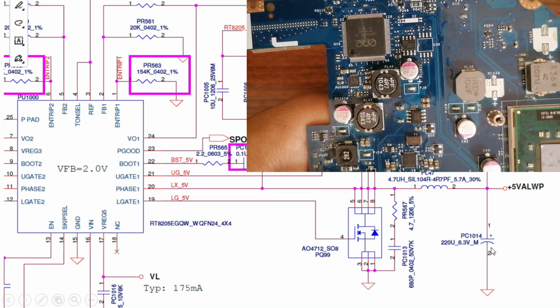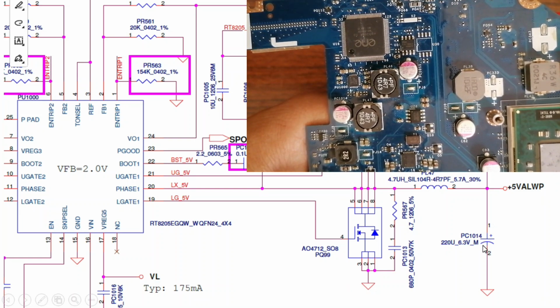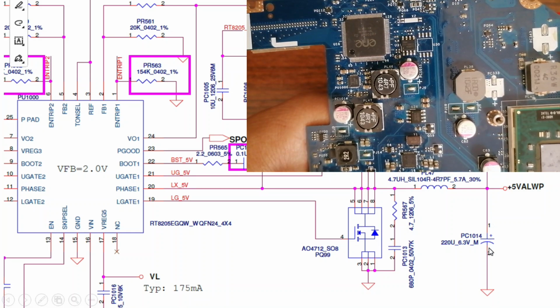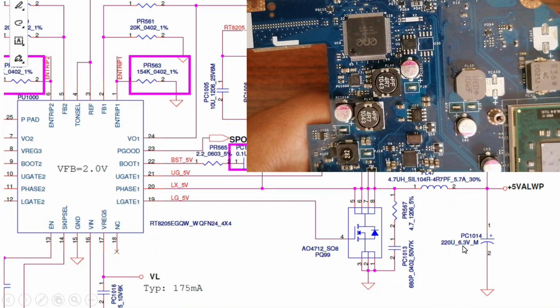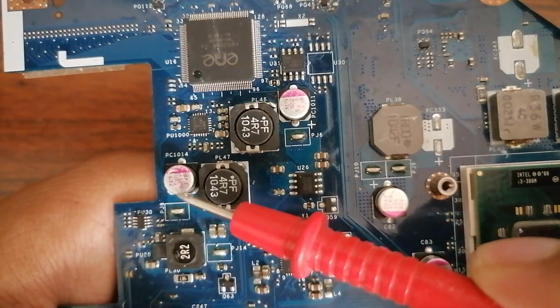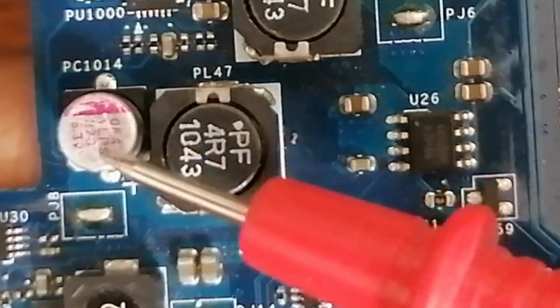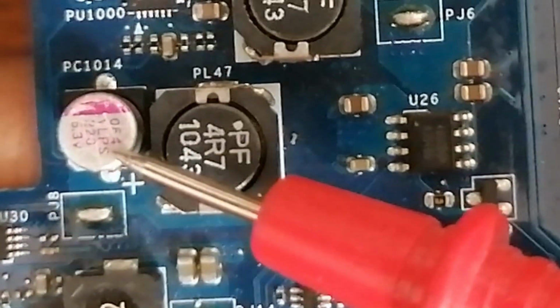PC1014 is an electrolytic capacitor with plus and minus. We sometimes call it a polarized capacitor. Its capacitance is 220 microfarad, 6.3 volt.